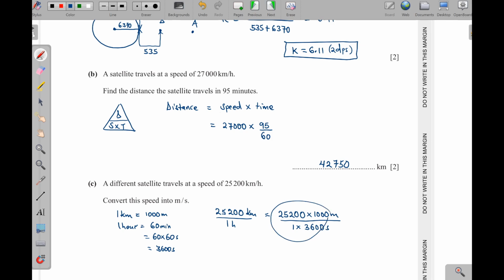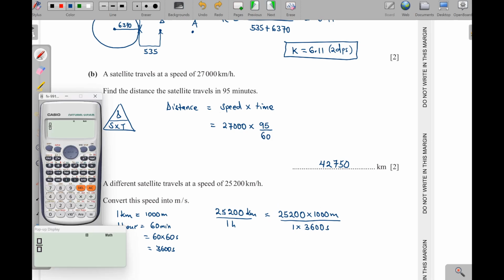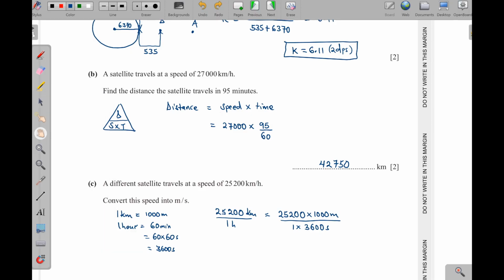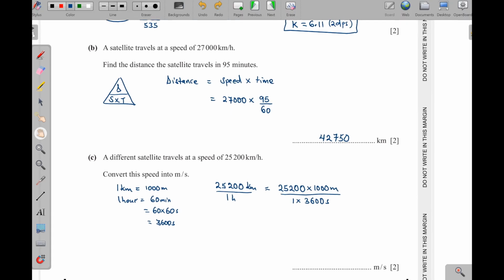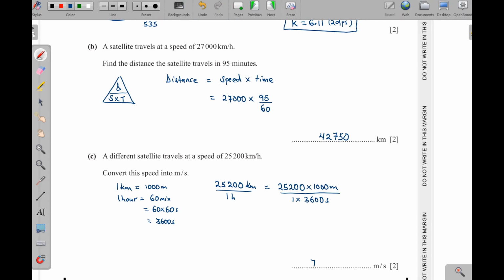So what do we get when we simplify? 25200 times 1,000, I'll add on 3 zeros, then we divide by 3600, and that is 7,000. So our answer is going to be 7,000 meters per second.